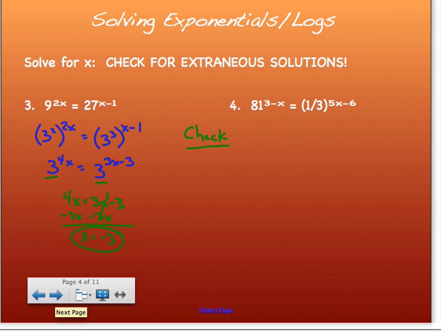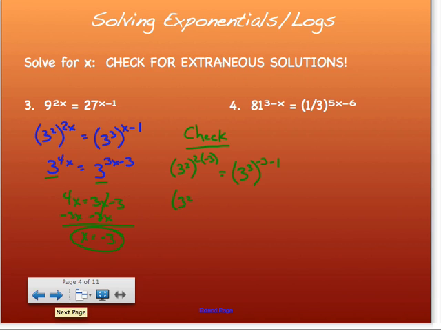If I look at it, I had 9 to the 2x. Well, I know 9 was really 3 squared to the 2x, which is really 2 times x, which is now negative 3, equals 27 was 3 cubed to the x minus 1. I know x to be negative 3 minus 1. Start simplifying.